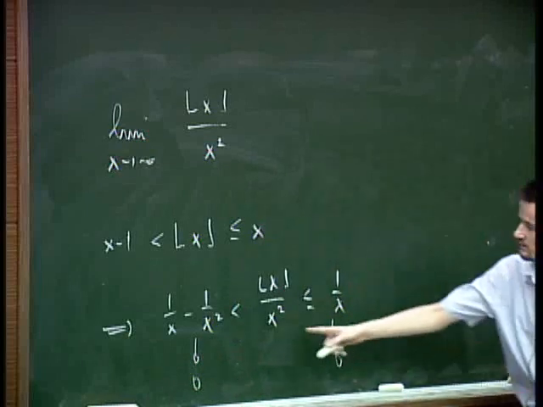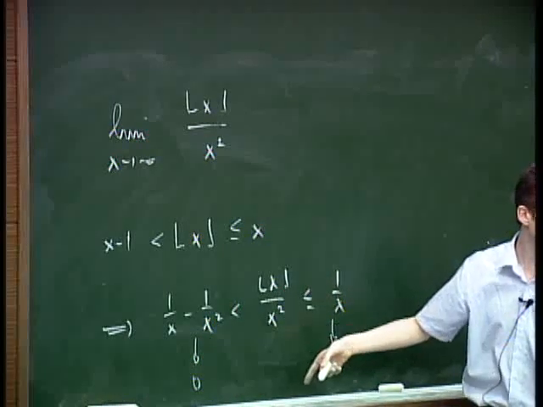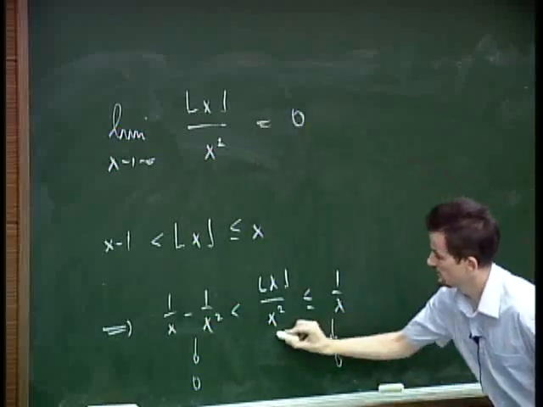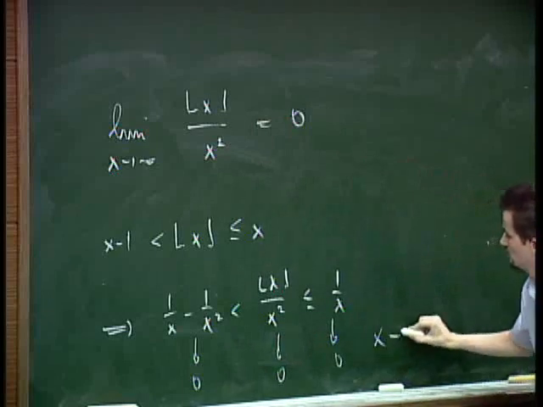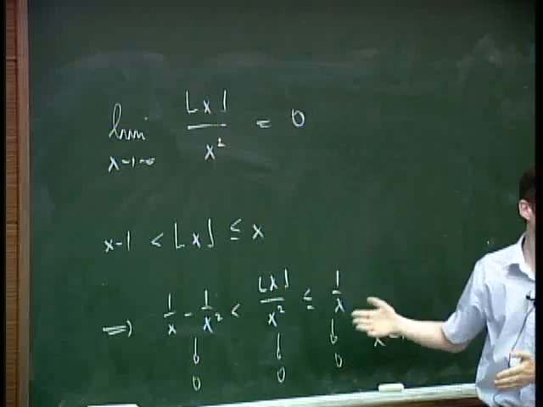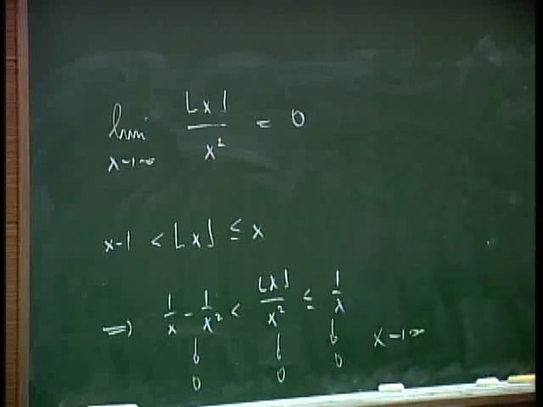So from the squeezing theorem, you see that this limit exists and is equal to 0. So for limits at infinity, everything is true, also the squeezing theorem, and this is an example which tells you how to apply the squeezing theorem.